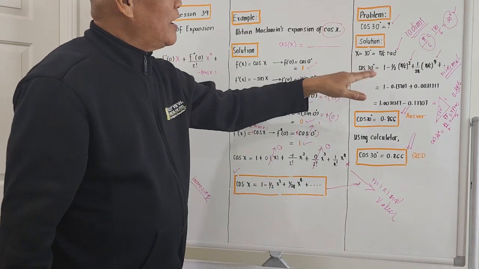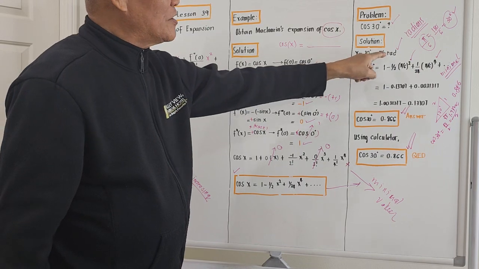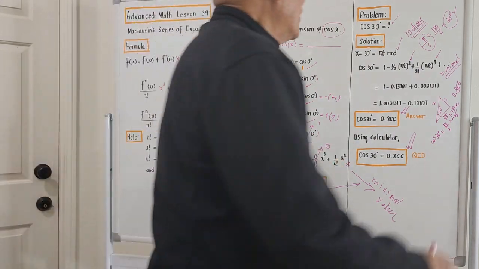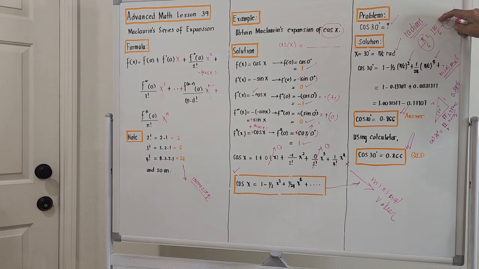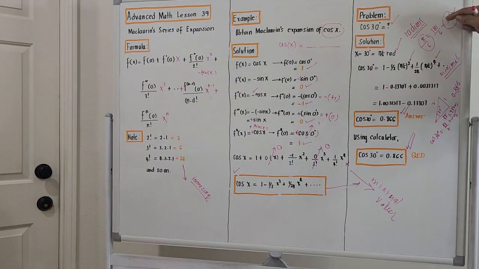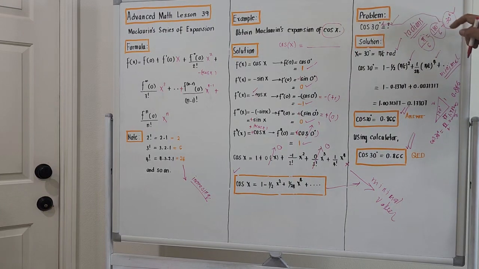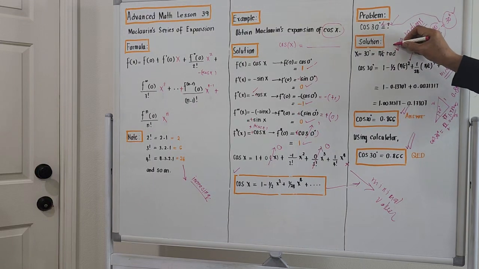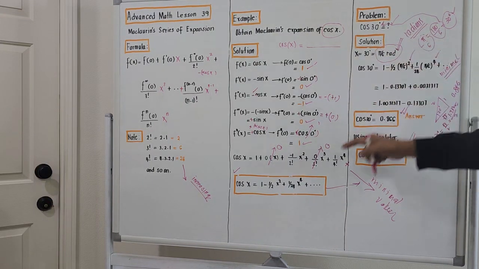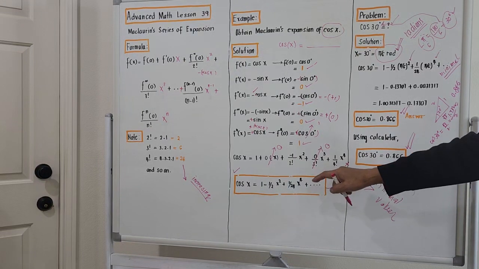You know that 30 degrees is pi over 6 radians, because pi is actually 180 degrees, or 2 pi, one complete revolution, is 360, or take half of that, pi will be 180. So if you divide both sides of the equation, pi over 6 should be 180 over 6, and 180 over 6 is actually our given angle, right? So meaning, 30 degrees is pi over 6 radians. This is the value we need to place on the derived Maclaurin series expansion.